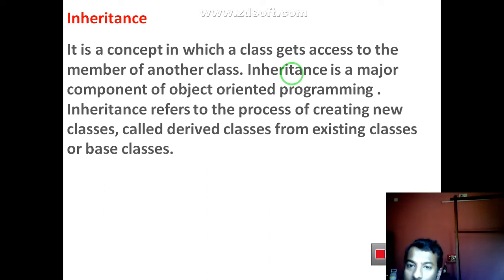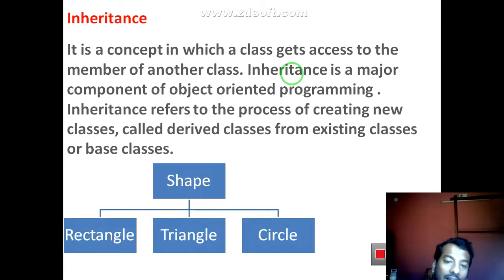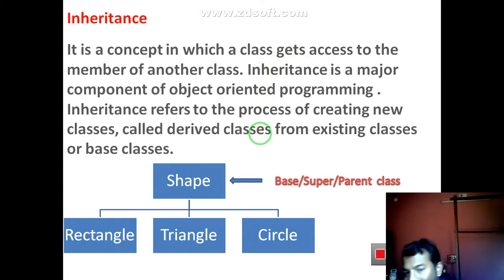Inheritance refers to the process of creating new classes, called derived classes, from existing classes, called base classes. Now, I'll show you an example of what the base class and derived classes are. I'm creating a hierarchical structure here. Set is the first class, and this class we call the base class, super class, or parent class.